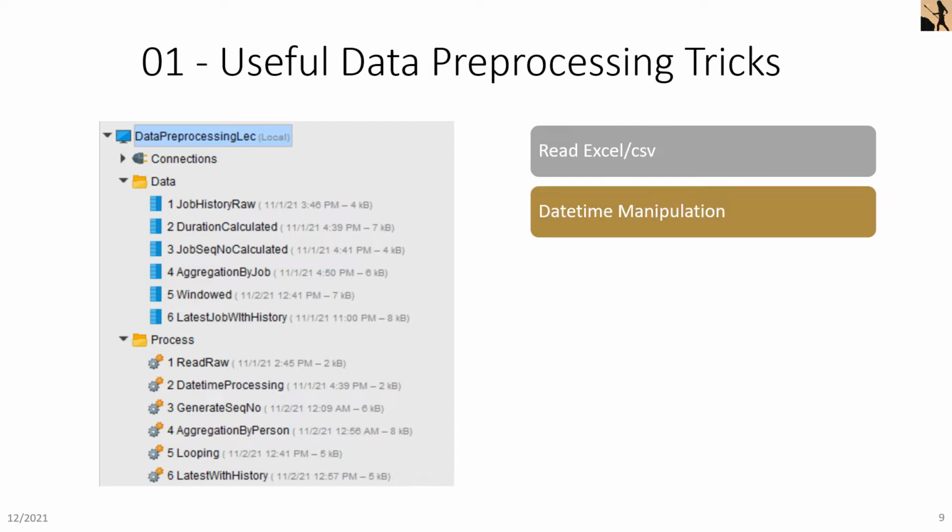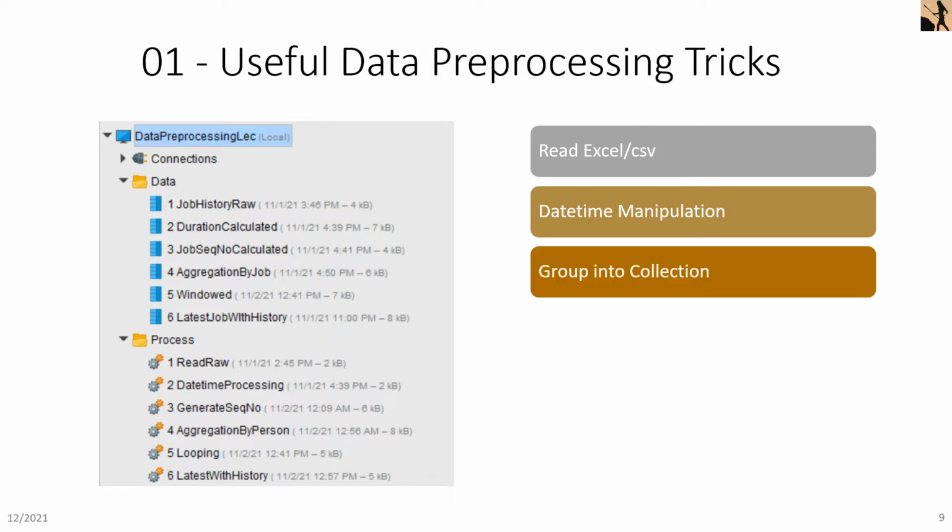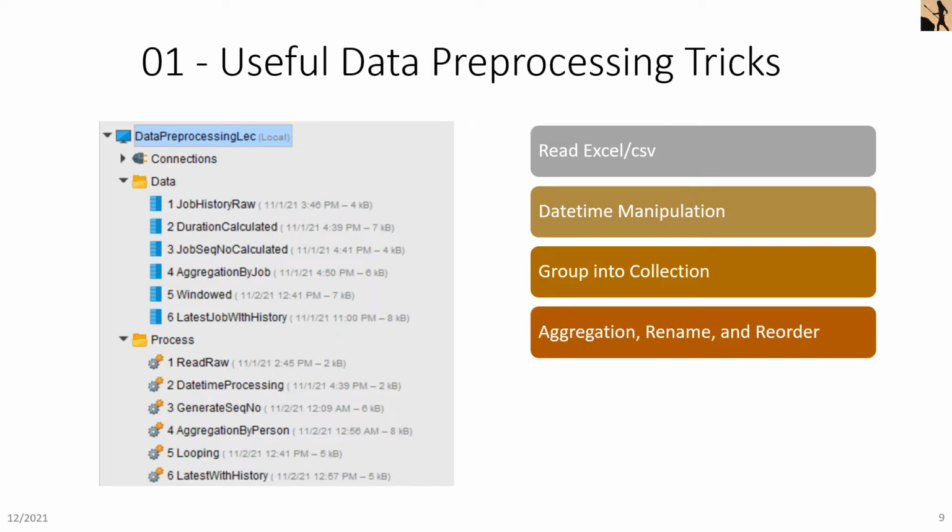So after reading in the simple data set, right, we start manipulating some datetime, and you will also see the usage of macros to define the latest date we try to refer to. And this group into collection is where we can move up the granularity level from jobs to employees.